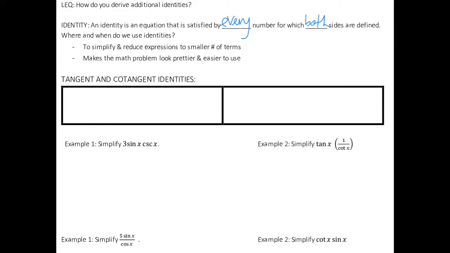So remember that we have the 2 functions, tangent of x and cotangent of x. You may recall this from when we were talking about the unit circle, but tangent and cotangent can be written in terms of sine and cosine, which we'll find later is really super important for us. We like seeing sines and cosines. Tangent is the fraction sine of x over cosine of x.